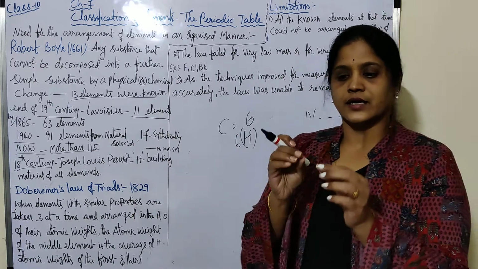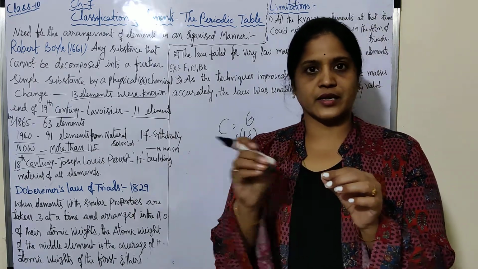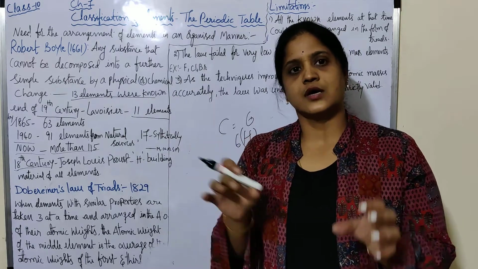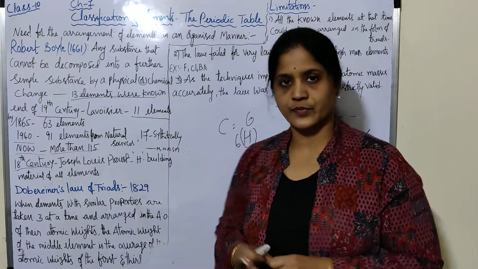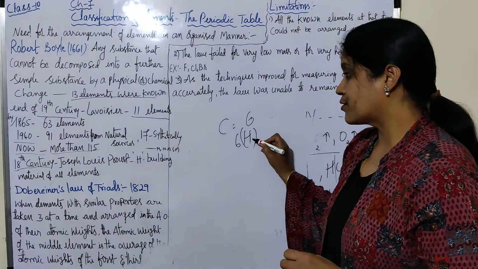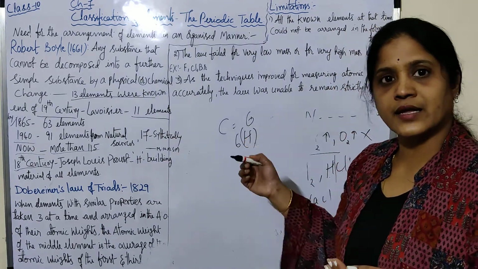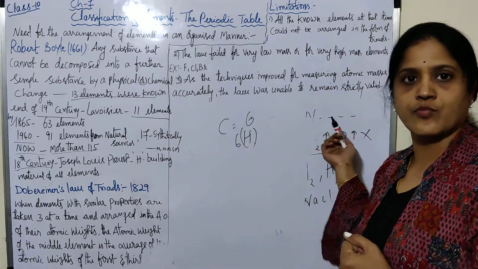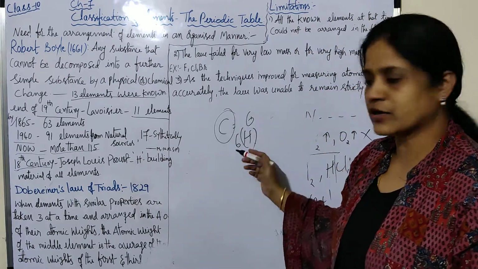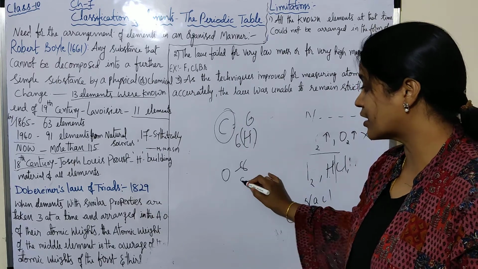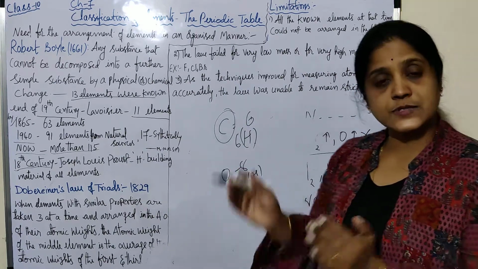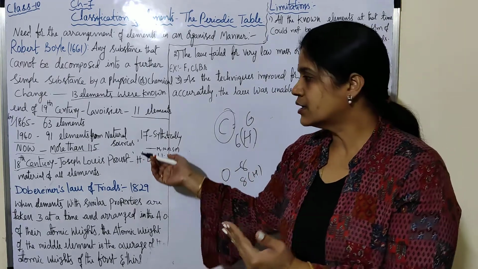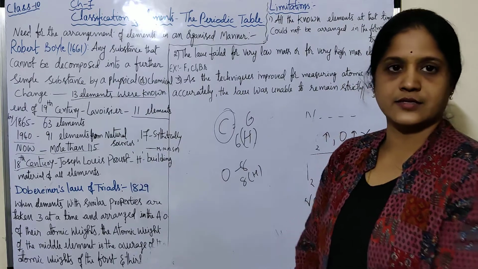Like children play with building material, adding pieces to prepare different shapes, hydrogen is the building material of all the compounds. If you take oxygen, 8, it contains 8 hydrogen atoms combined to form oxygen. Like that, he made his prediction.